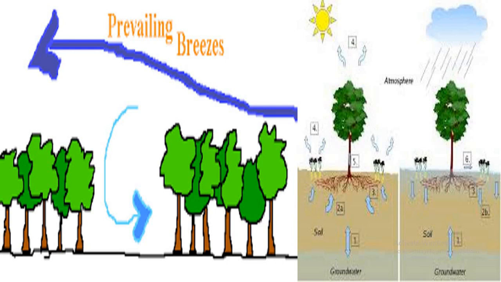But places located inland, far away from the sea, do not experience the moderating influence of the sea. So those places experience a continental type of climate. These are the two types of climate with respect to nearness to the sea.